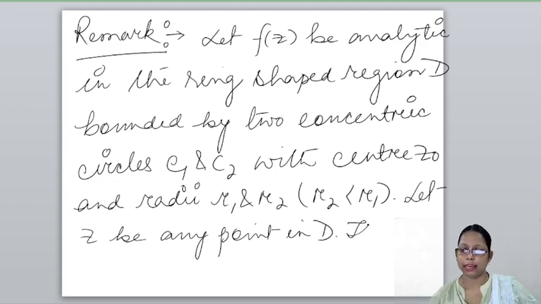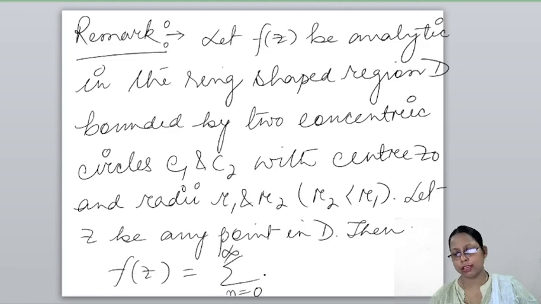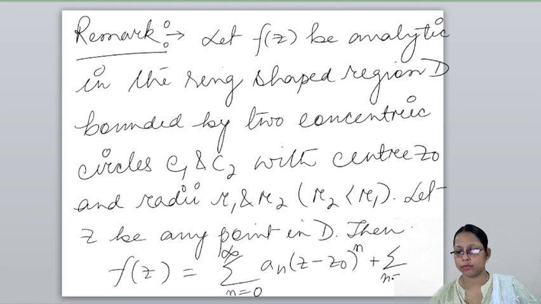Then f(z) can be represented by an infinite series of this form: the sum from n equal to 0 to infinity of an (z minus z0) to the power n, plus the sum from n equal to 1 to infinity of bn (z minus z0) to the power minus n.